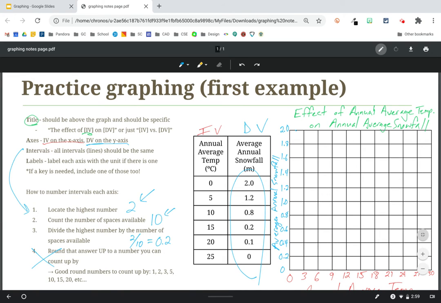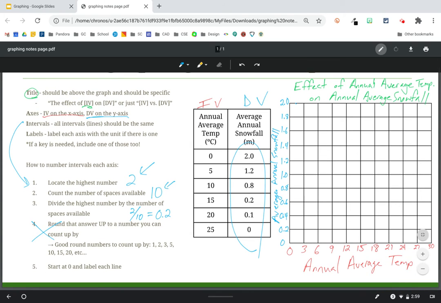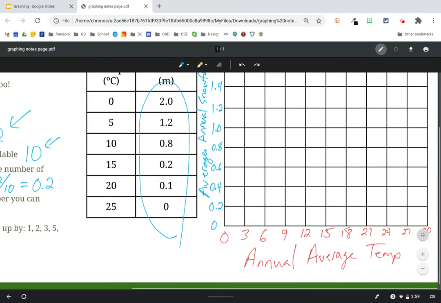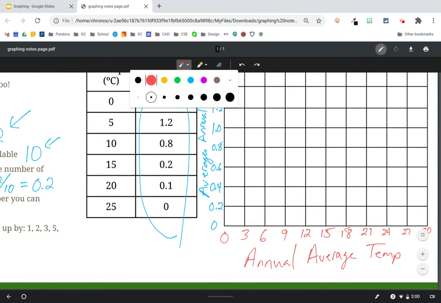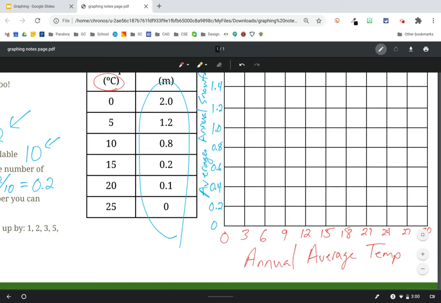So now that our intervals are labeled, we have to make sure that we label each axis with the unit. And so I labeled the axes at the beginning, but I did not put the units on the independent variable, which is on the bottom. The average annual temperature is measured in degrees Celsius. So I'm going to add that right to the end here.